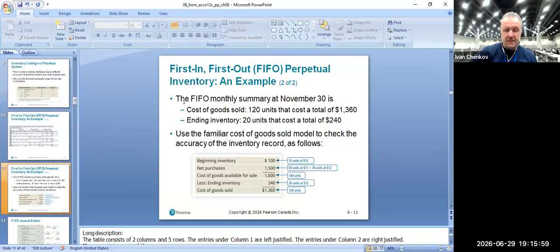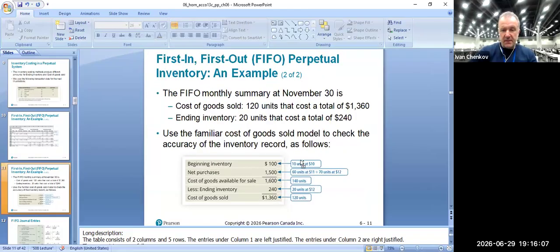Now, what's this example about? First, we're going to have the beginning balance, 10 units at $10. Then we're going to have the two purchases, in total 1,500. And we come up with the 1,600 value of the inventory, which contains 140 units.